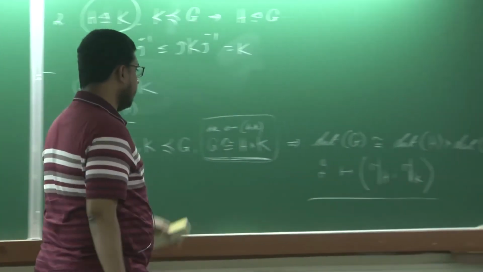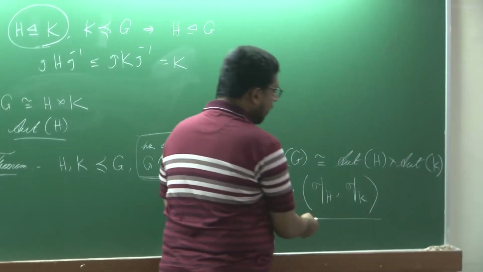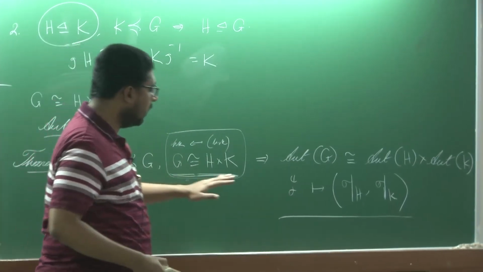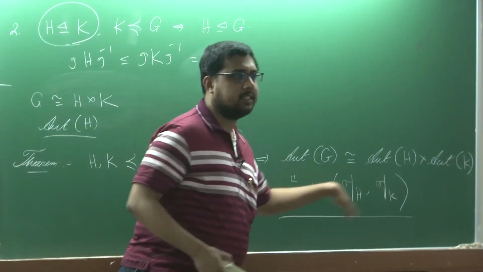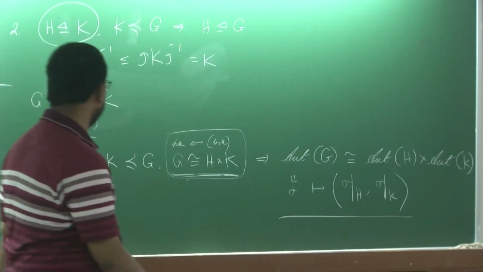Because the main point is that given two automorphisms of H and K, from that we can construct an automorphism of G in view of this isomorphism. So that shows that this map is onto, and one-to-oneness is also obvious.